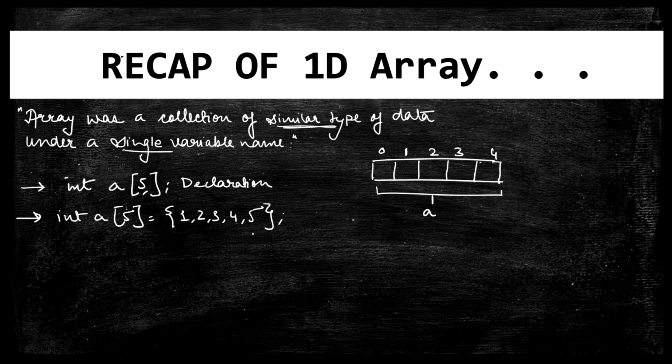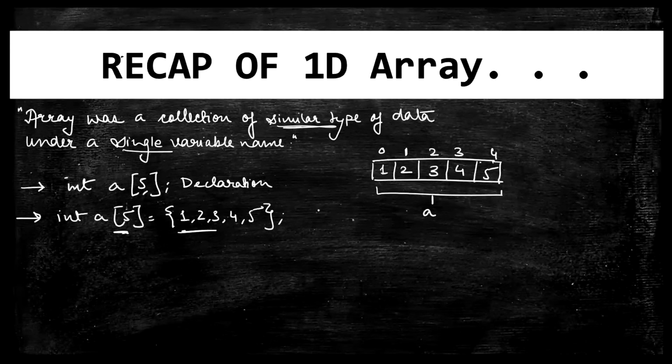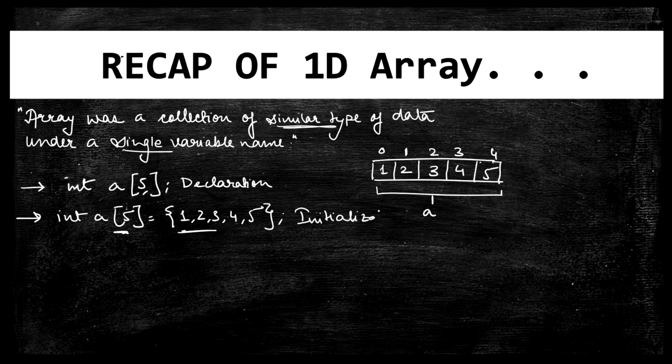This statement would create an array of size 5, and then it would assign value to the 0th position as 1, 2, 3, 4, 5, like this. Right, so after this was the assignment, or you can say initialization of any array. Okay, this was declaration, this was initialization.